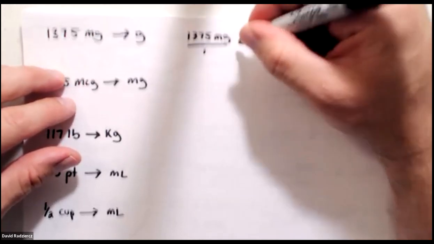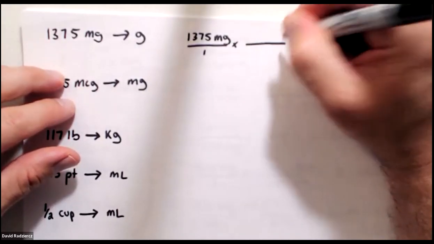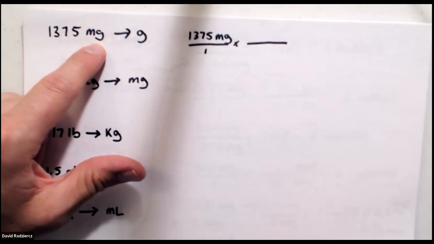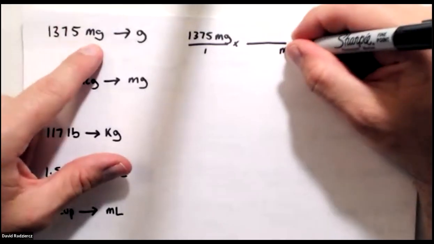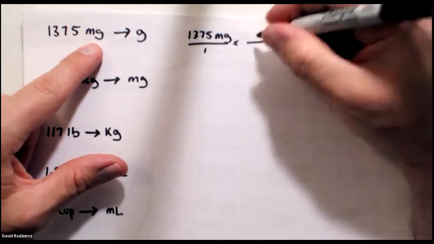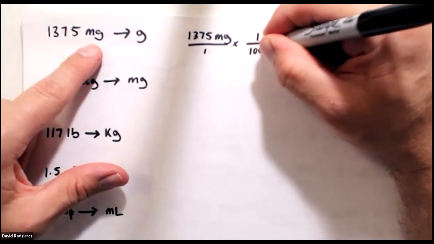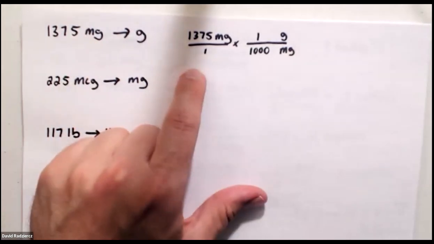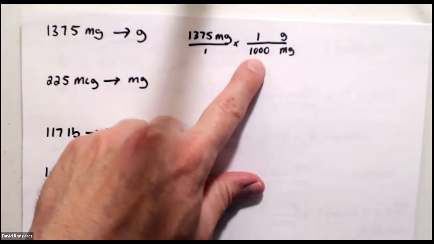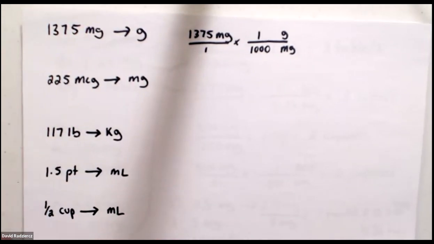The reason I mention dimensional analysis is because you have to know what these conversions are. They won't be given to you on the exam. You need to know that you can convert milligrams to grams and that 1 gram is equivalent to 1,000 milligrams. When you write it out using dimensional analysis, you'll know to divide by 1,000 as opposed to multiplying by 1,000.